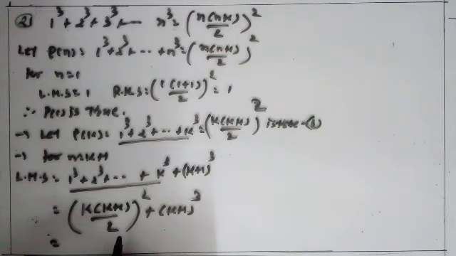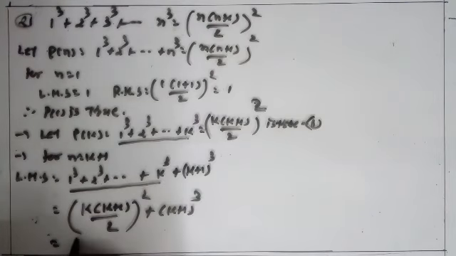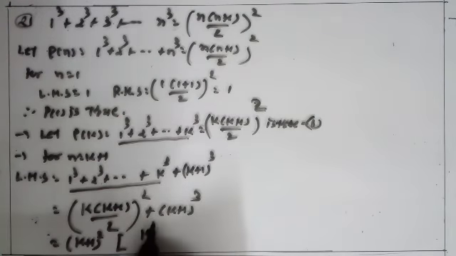Now simplify this: k square, k plus 1 square, k plus 1 raised to 3. So from this take k plus 1 raised to 2 common. In the bracket the remaining terms are k square upon 2 raised to 2, that is 4, plus the remaining term k plus 1. Clear this?